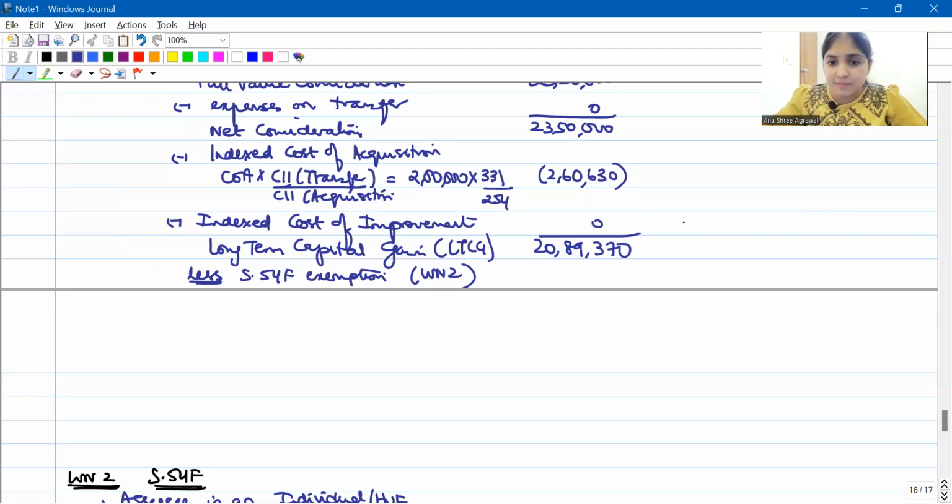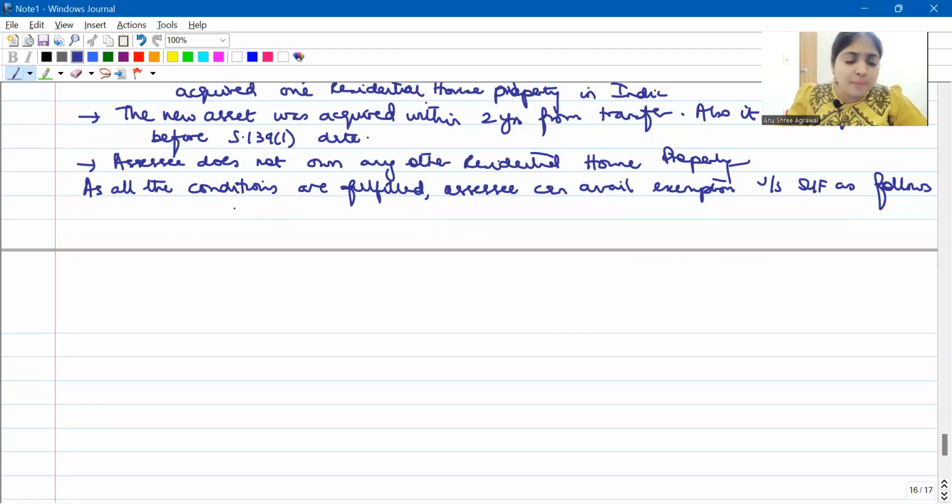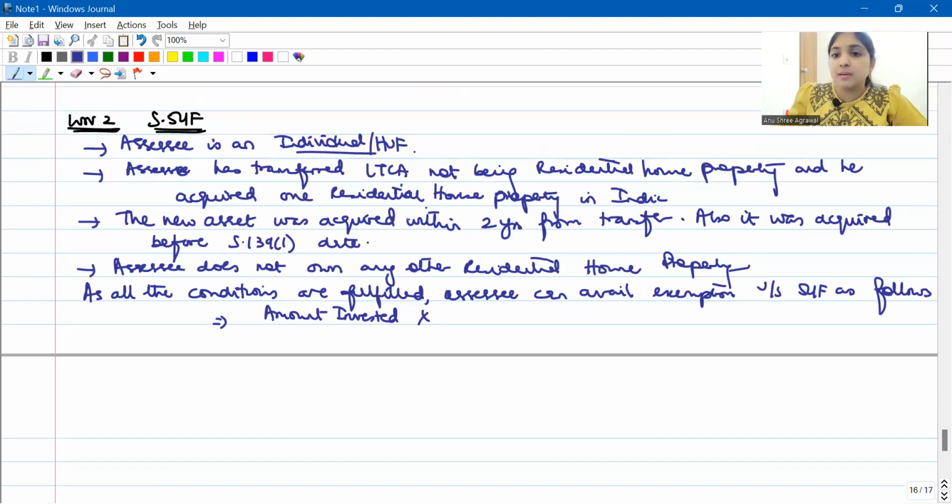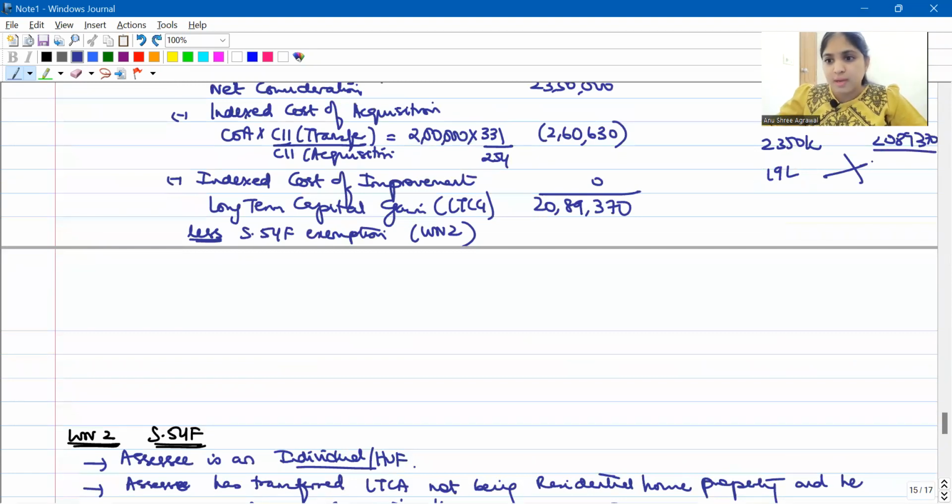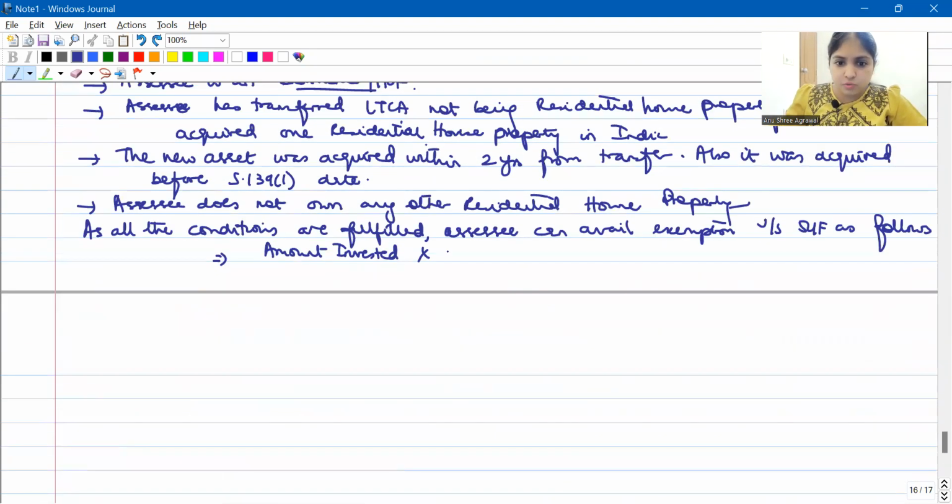See, had I invested the entire net consideration, then I would have gotten the full 28,89,370 exemption. But how much did we invest? We invested only 19 lakhs. So proportionate exemption only we will get. What's the formula for the proportionate exemption? Amount invested in the new asset into capital gains, LTCG, divided by net consideration.